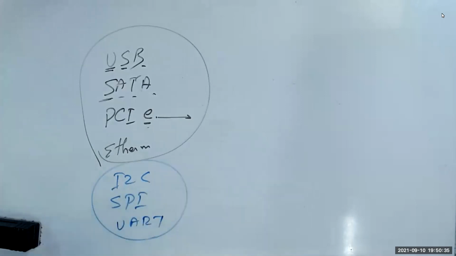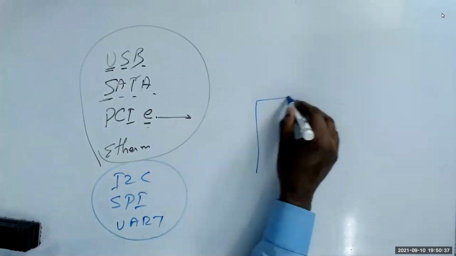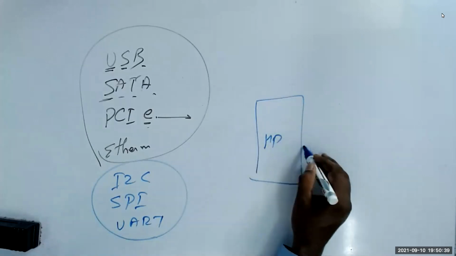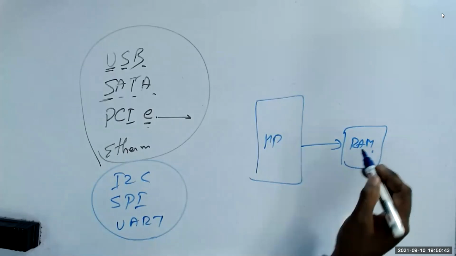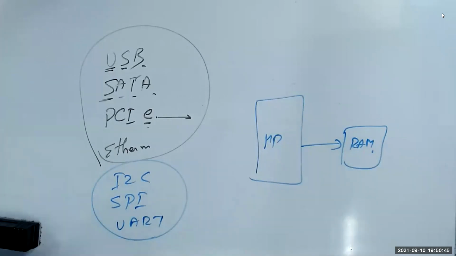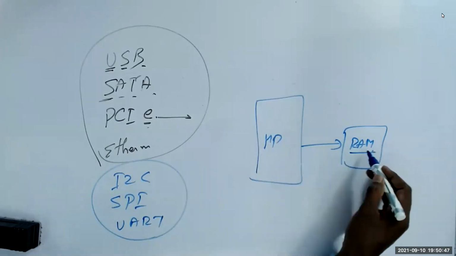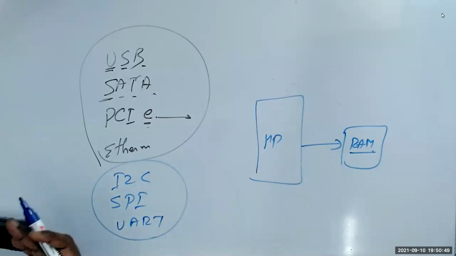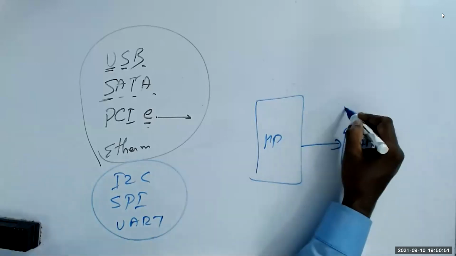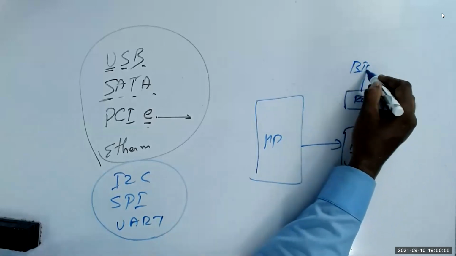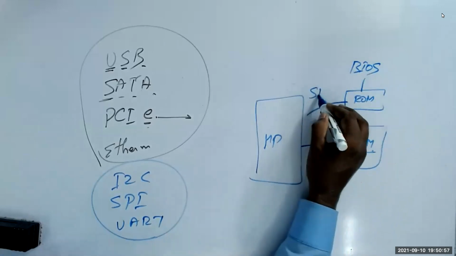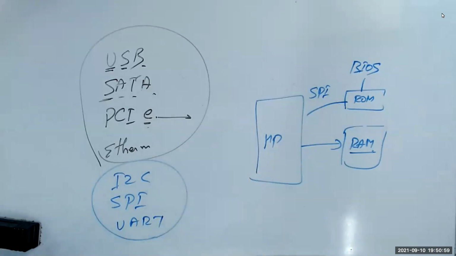We use that. But the only thing is, from the microprocessor to memory, especially RAM, they make it very fast. You know one thing, in your PC, you have a ROM that you call BIOS, that is connected to SPI. Think of it. It is connected to SPI.